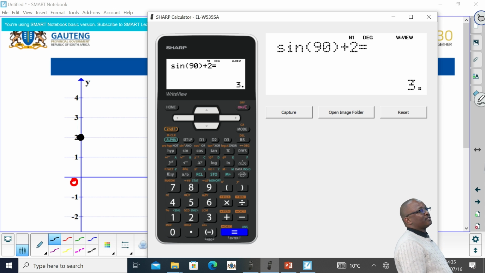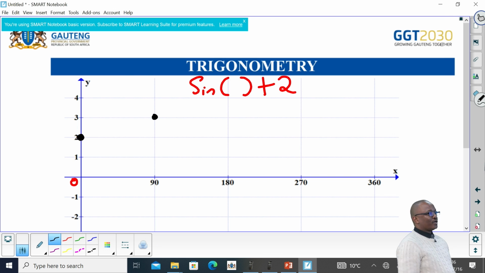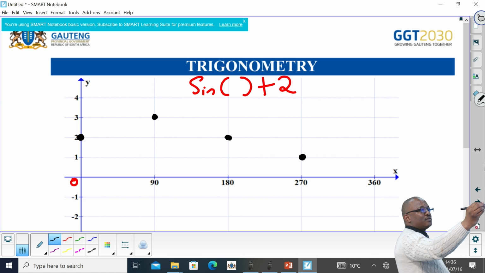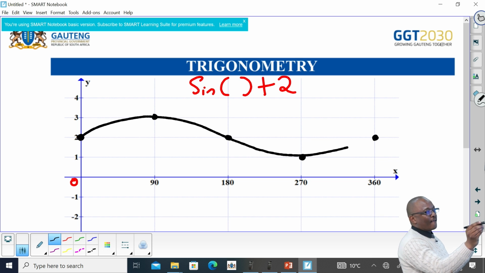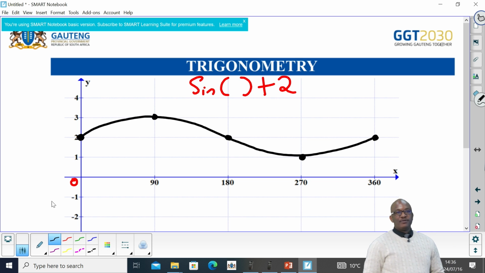If we substitute 90, then we get 3, which was correct. Then if you substitute 180 there, you will get 2. Then 270, you will get 1, and 360, you will get 2 again. So that's what our graph will look like when we sketch it.